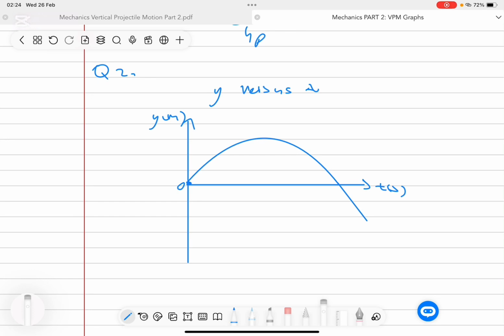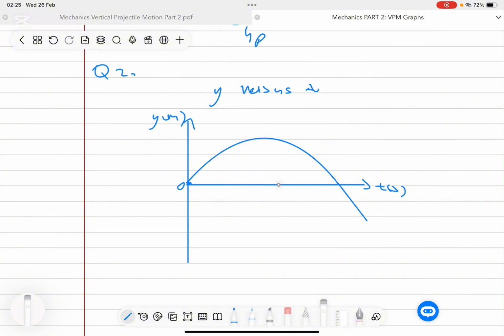So this will be the negative positions that it occupies. So what we're saying here is that when the time is 0, the position is also 0. When the time increases to t1, we have a position here, y1, which is positive. When the time goes to t2, we have a position here which becomes y2. Then here we reach the maximum height, y max.